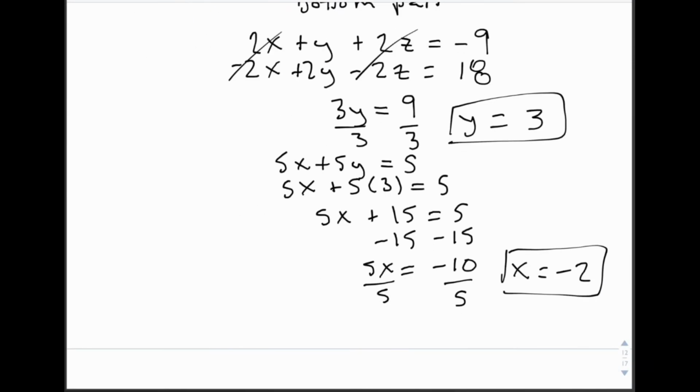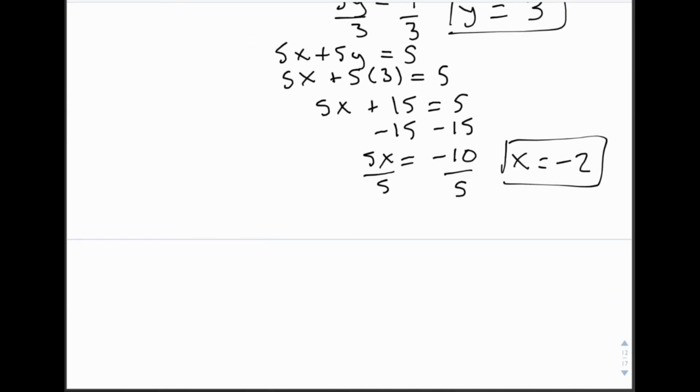Plugging this into our top equation, we should get 3 multiplied by our x, which is negative 2, plus 4 times our y value, which is 3, and then minus 2 times that z, and that's going to be equal to that positive 14.